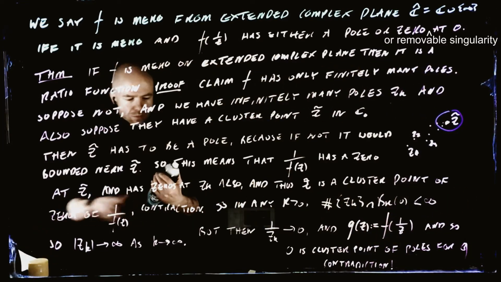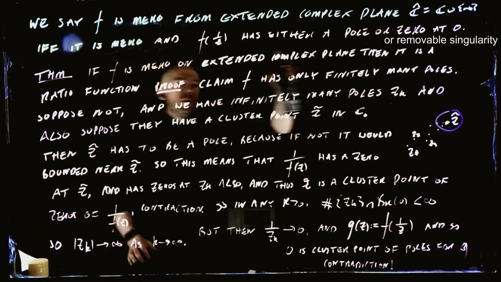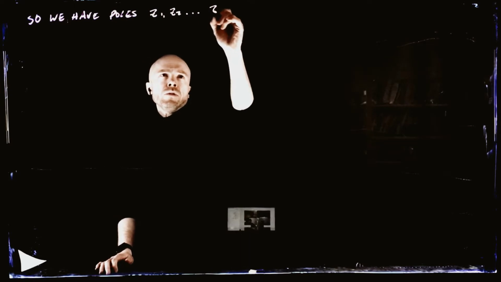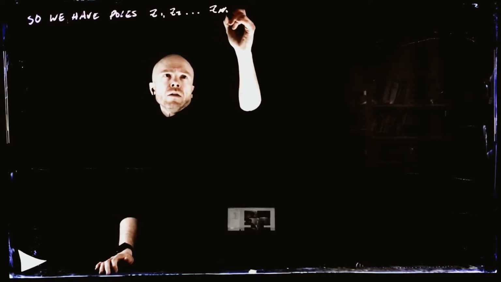All right, so now we're going to try, okay, so we have poles. Let's label them Z1, Z2, all the way up to Zn. Yeah?